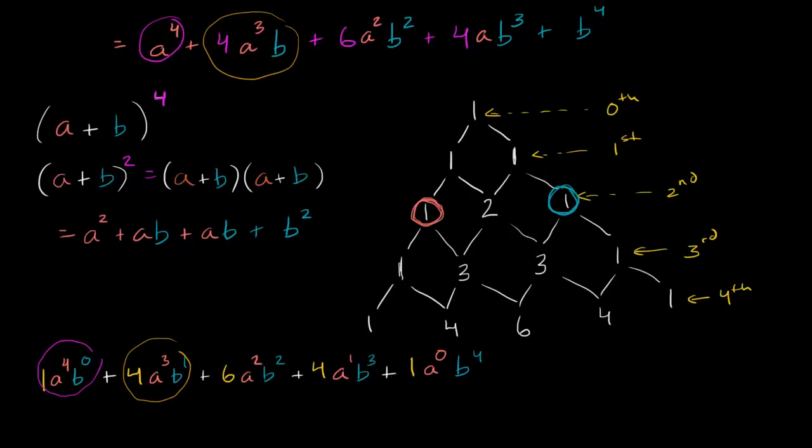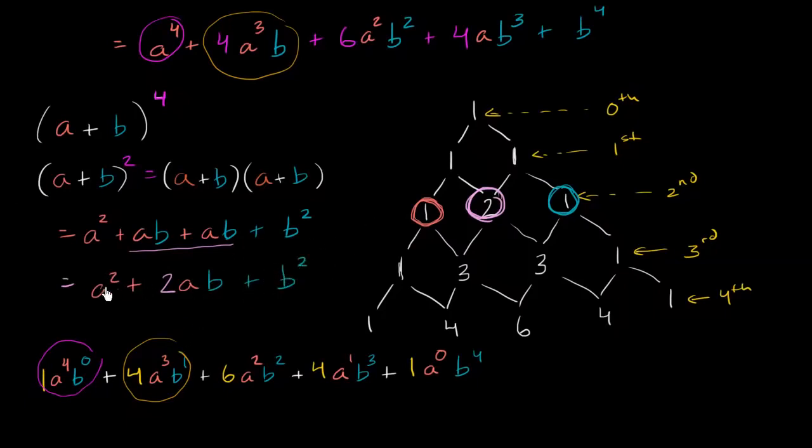Just to hit the point home, there are two ways of getting an ab term. And so, when you take the sum of these, you are left with a squared plus 2 times ab plus b squared.